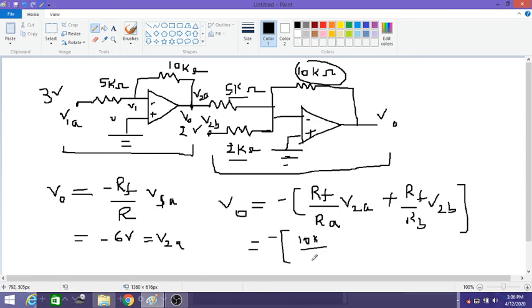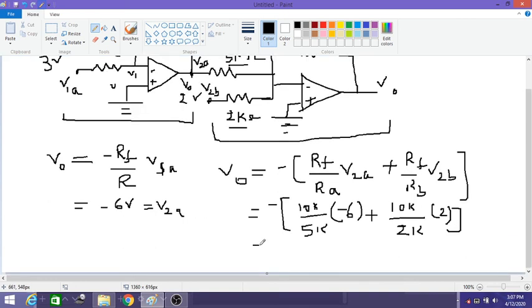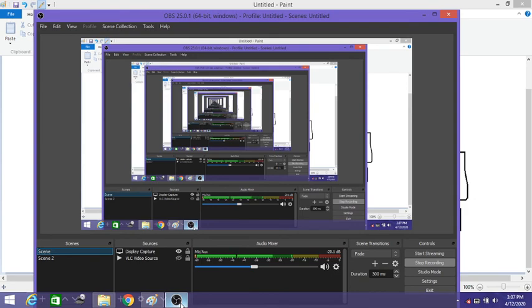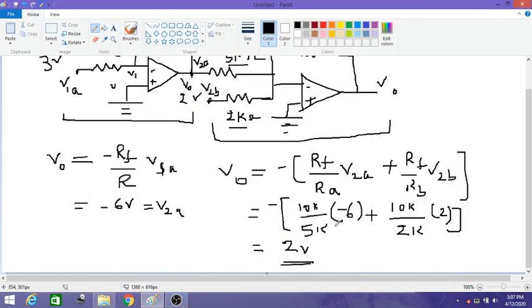It is 10 kilo ohms by 5 kilo ohms times minus 6 volts, plus 10 kilo ohms by 2 kilo ohms times 2 volts. Simplify this, then we get the final output voltage equal to 2 volts. So this is supposed to be the answer. Thank you so much for watching this session. In the next session we will talk about the summer in inverting configuration.